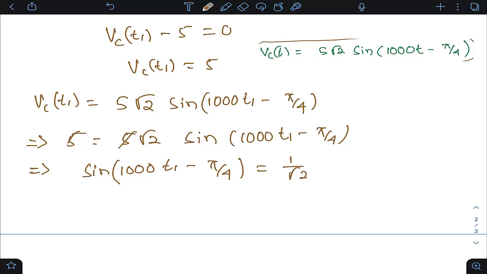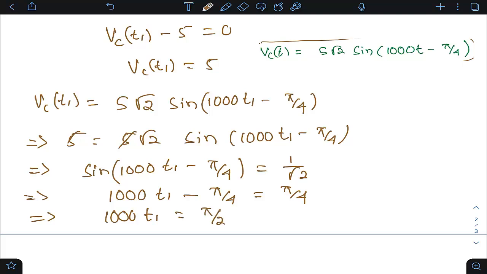Right? So that means 1000 t1 minus pi by 4 is the sine inverse of 1 by root 2, which is pi by 4 again. So 1000 t1 is equal to pi by 4 plus pi by 4, which is 2 pi by 4, equivalent to pi by 2.